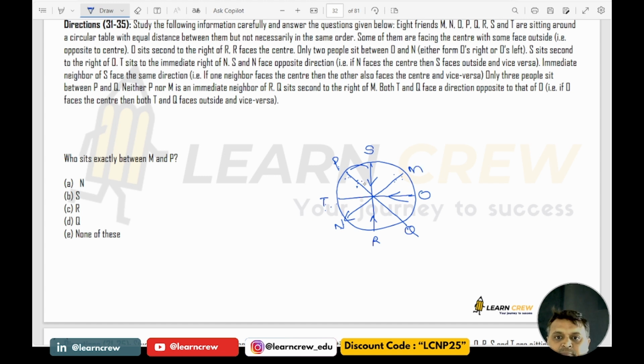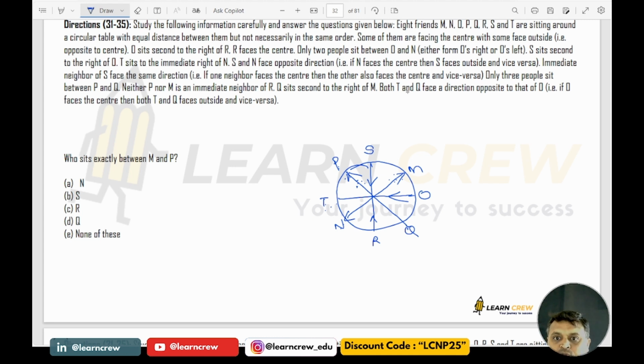Q is second to the right of M. So M is facing outward. So P is also facing outward. Okay.